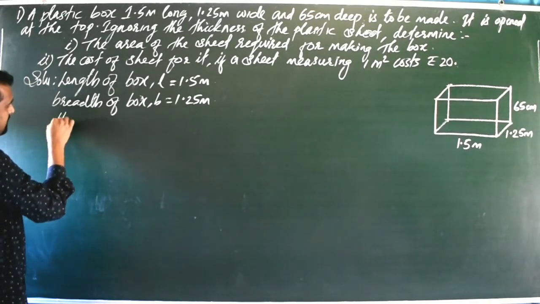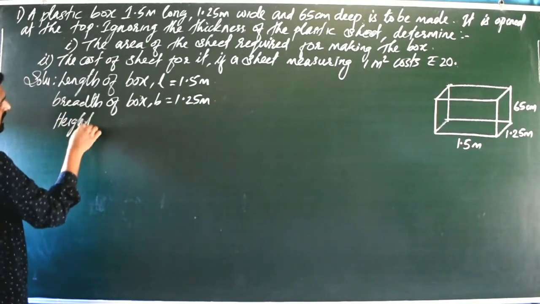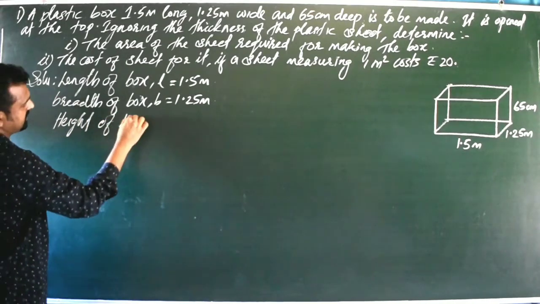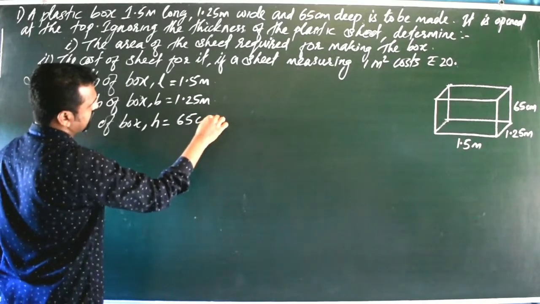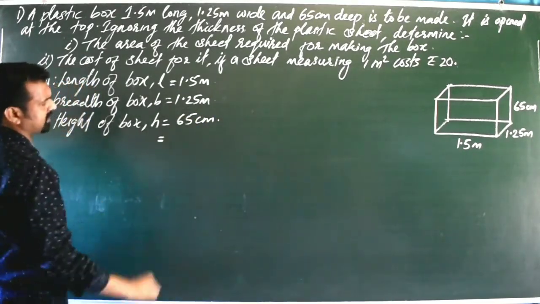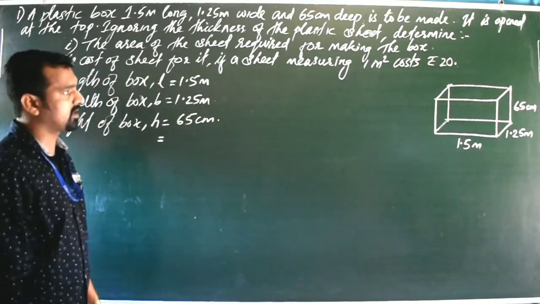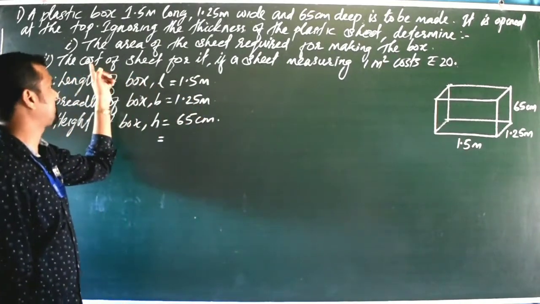Depth means the height of the box. Height of box H is equal to what is the value? 65 centimeter. Convert 65 centimeter into meter, because next we are going to find out its cost also.